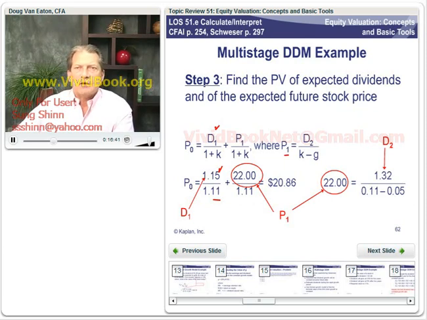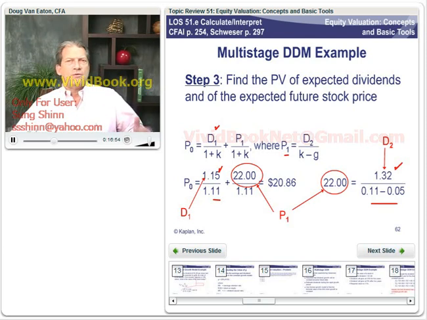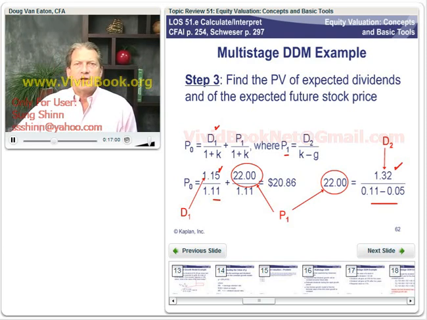That was our $1.32 dividend. We divided by K minus G to get the time 1 value of dividends D2, 3, 4, 5 on out forever. So taking the present value of those two pieces and adding them together, we get a value of $20.86.